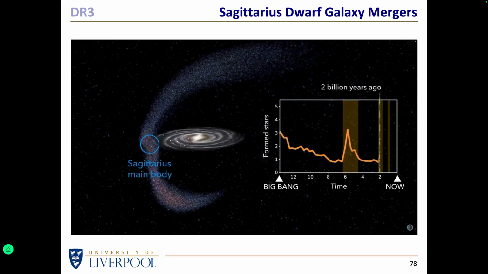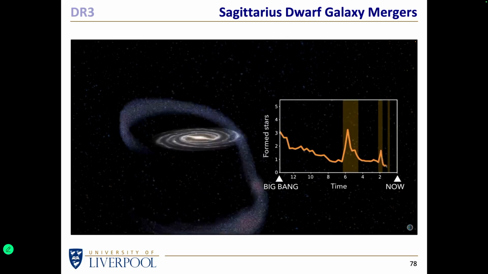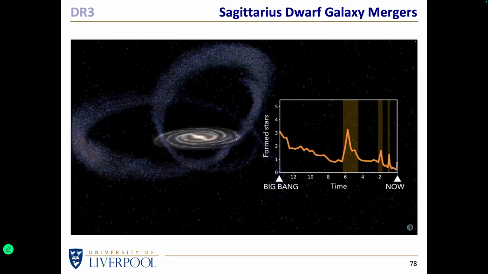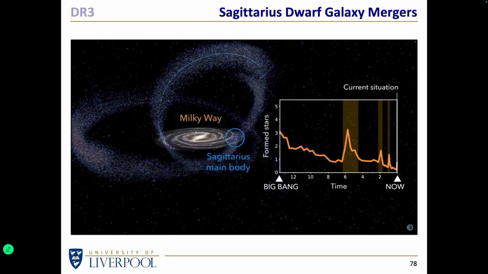It then came round again and 2 billion years ago interacted again with the Milky Way, producing new stars, and then again 1 billion years ago. Each time this galaxy interacts with the Milky Way, you can see that some of the stars were left as a sort of breadcrumb trail as the small galaxy tries to orbit the big galaxy but keeps interacting with it.